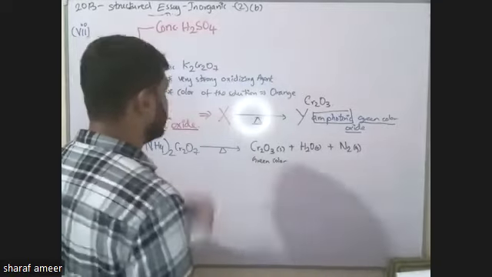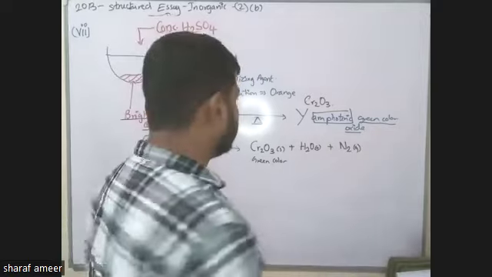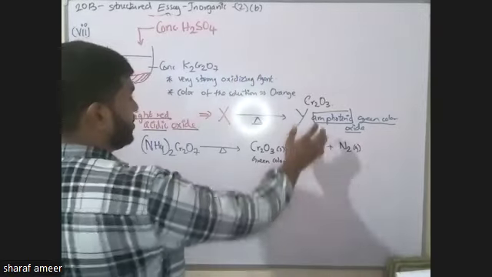By heating this compound, we found that this is going to be the chromium oxide, the important green color oxide.